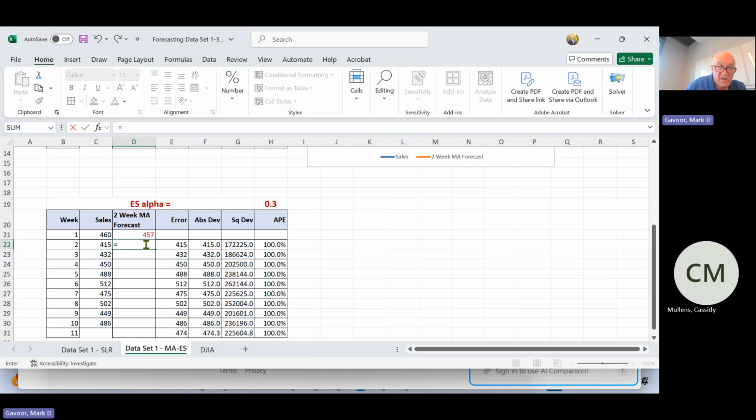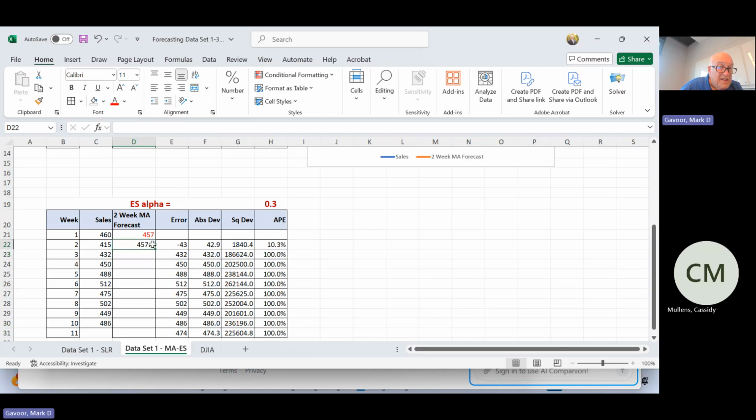So I'm going to say equals, there's alpha right there, right? H19 times sales plus parentheses 1 minus alpha times 457. So I get 457.9.